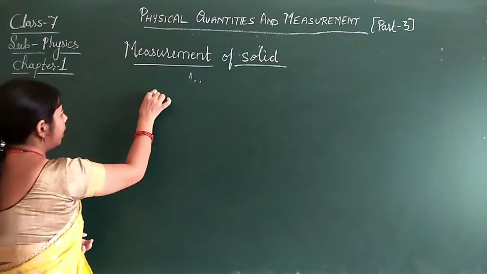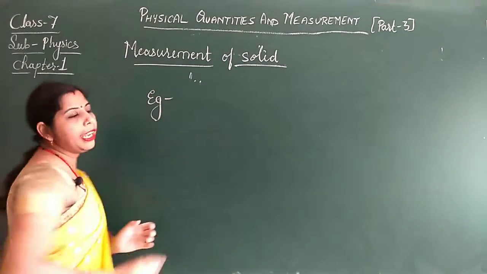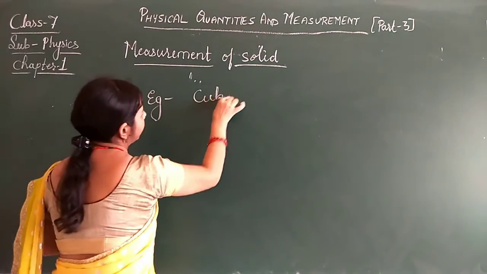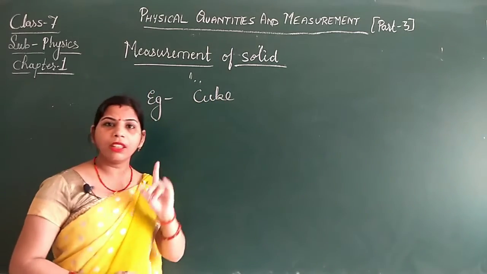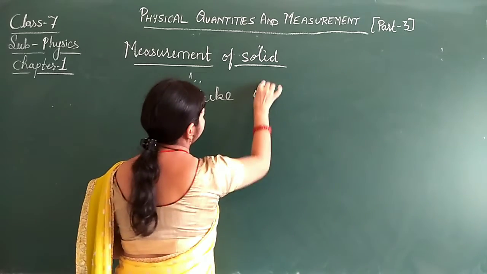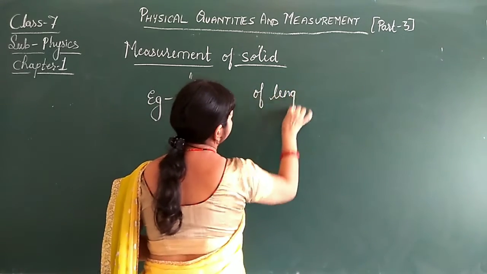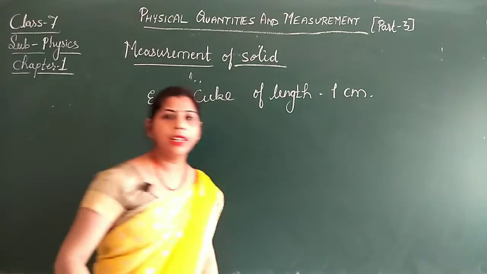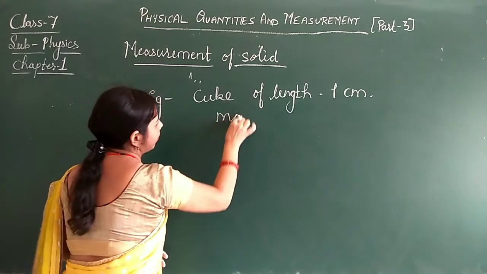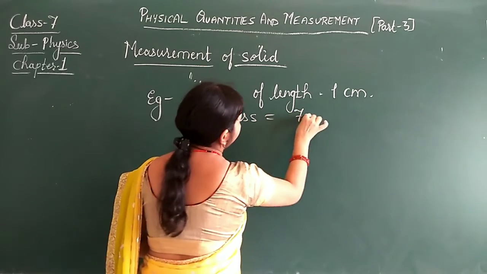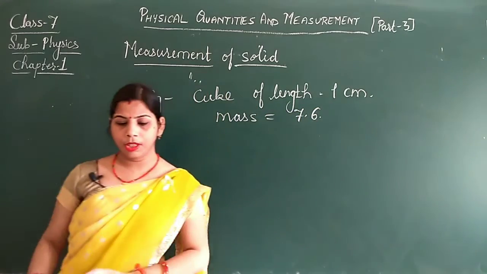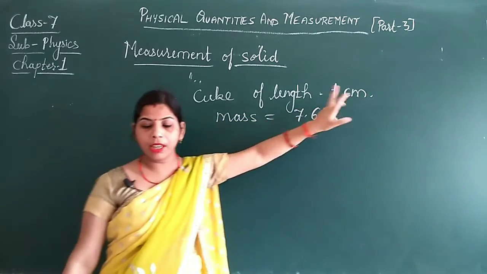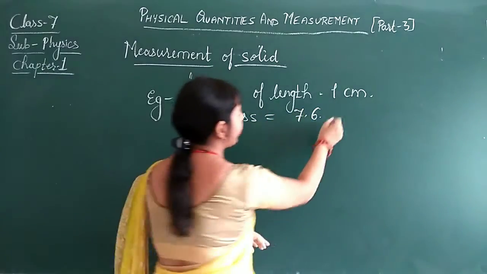First see the volume, and then we are going to measure the density. Suppose, for example, I am going to measure a cube of length 1 centimeter and the mass is equal to 7.6. That means the cube of length 1 centimeter and mass 7.6 gram is given here.